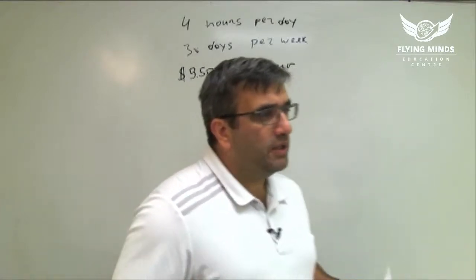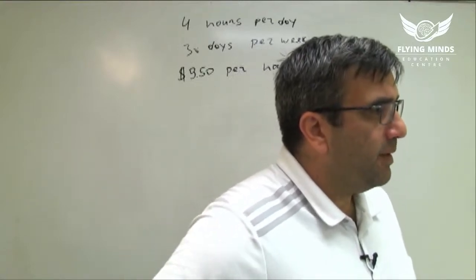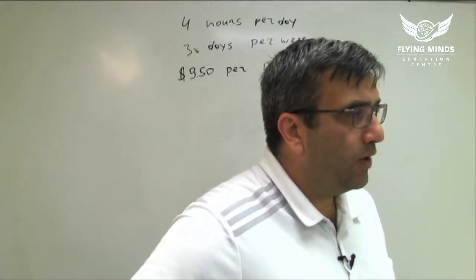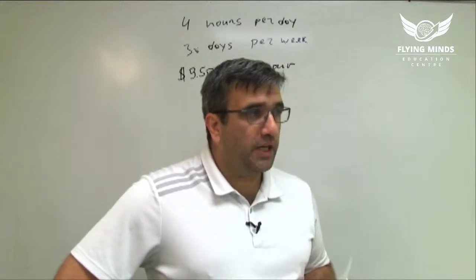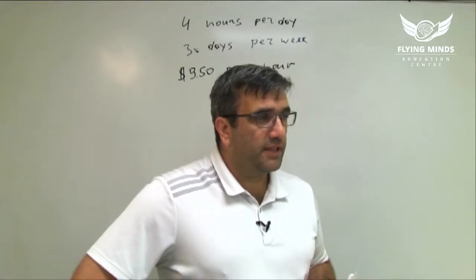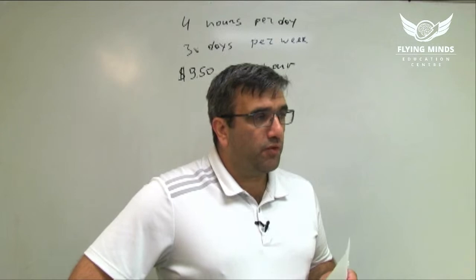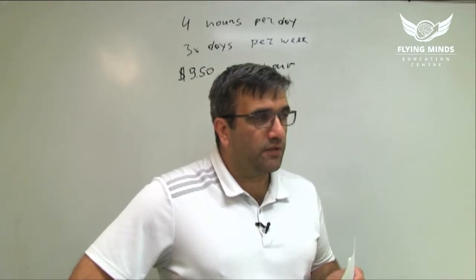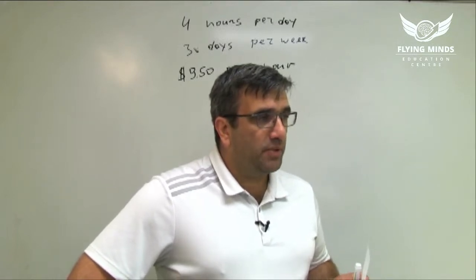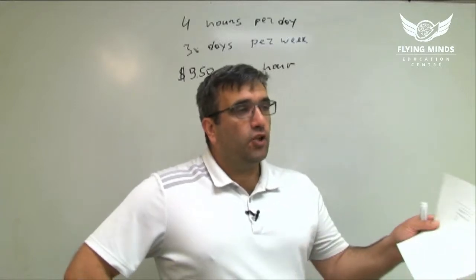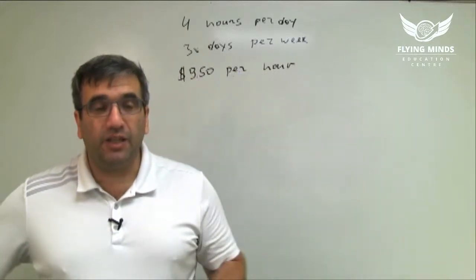So what do we know about tips? Let's reread. Simon works in a restaurant 4 hours a day for 3 days a week. She earns $9.50 per hour plus tips. Which of the following expressions represents Simon's earnings in dollars for 1 week, where T represents the total amount of tips she earns that week?